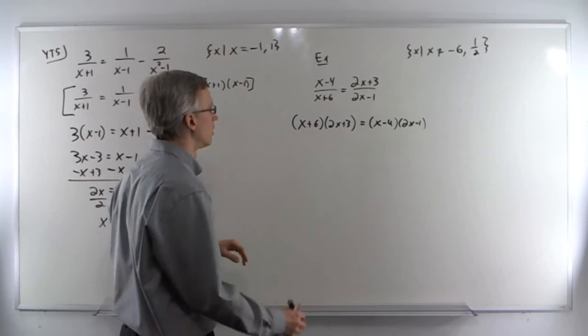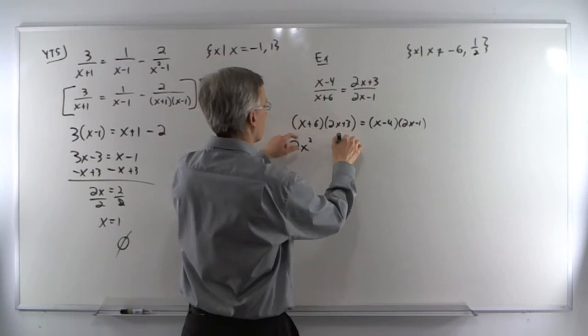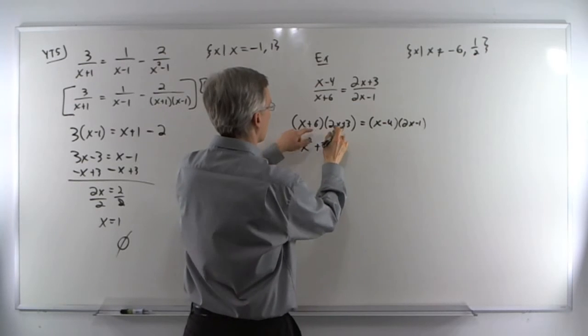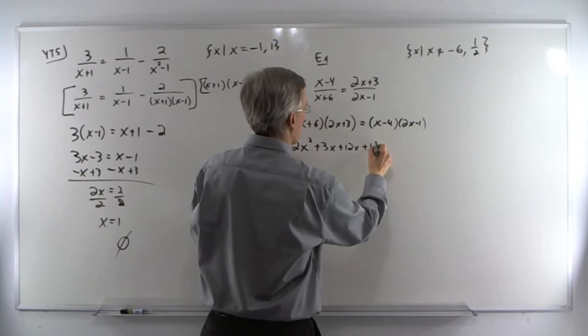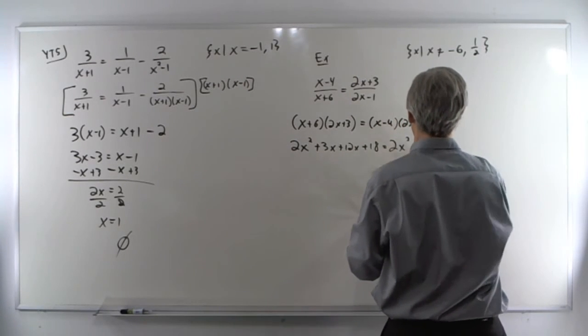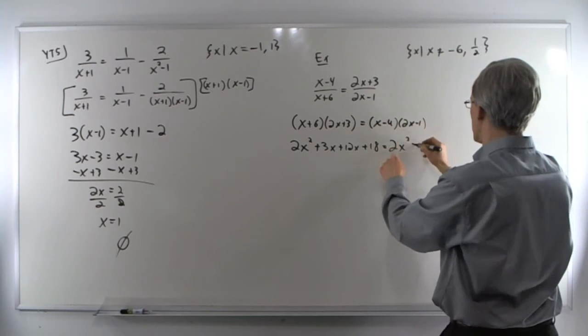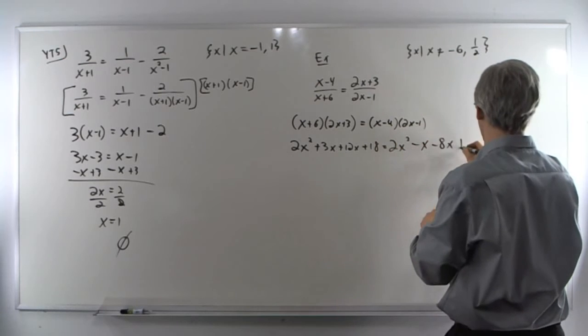Now, FOIL. We got minus x, minus 8x, and plus 4.